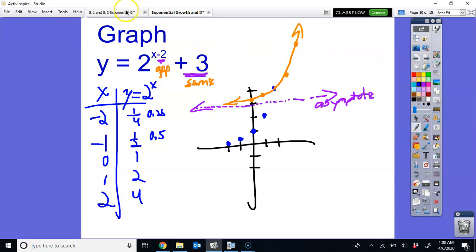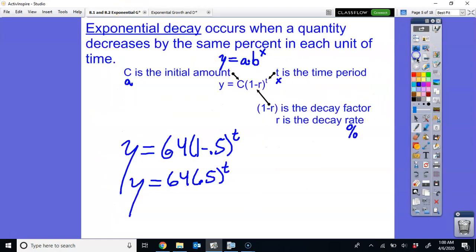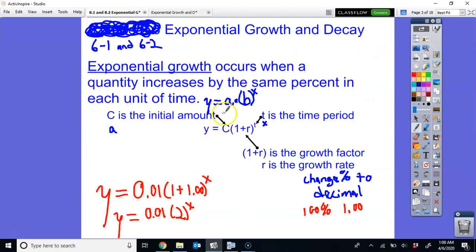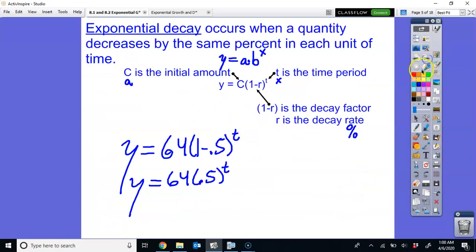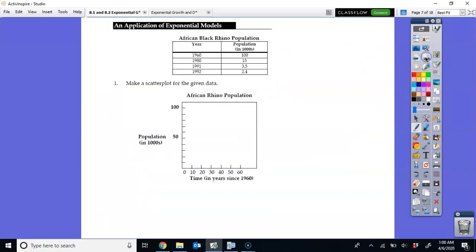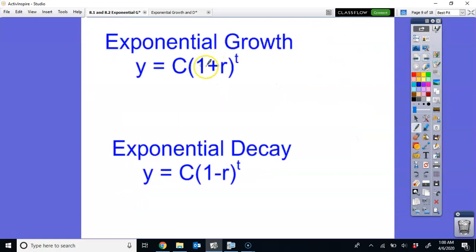When you look at exponential growth and decay, it is things that increase by the same percent over and over, or things that decrease by the same percent over and over. You can find the function by doing the beginning amount, 1 plus the rate for growth, 1 minus the rate for decay, raised to the time, or x if you're using x.